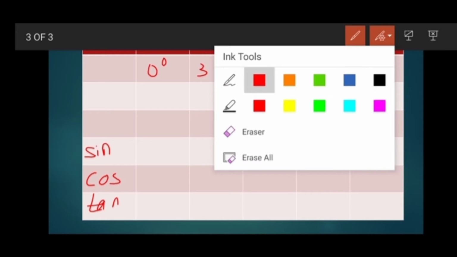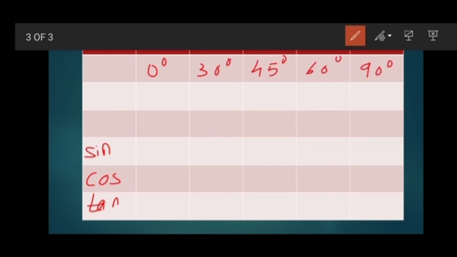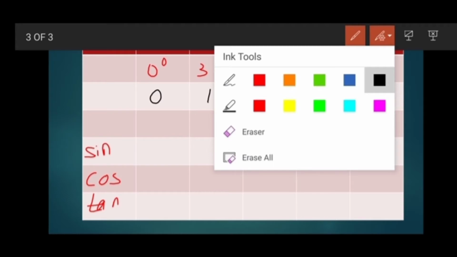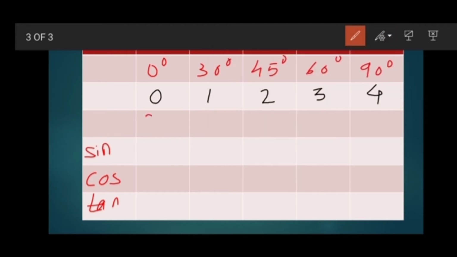Take the numbers from 0 to 4, that is 0, 1, 2, 3 and 4. Now these numbers you have to divide by 4. Means you will get 0 divided by 4, 1 divided by 4, 2 divided by 4, 3 divided by 4, and 4 divided by 4.